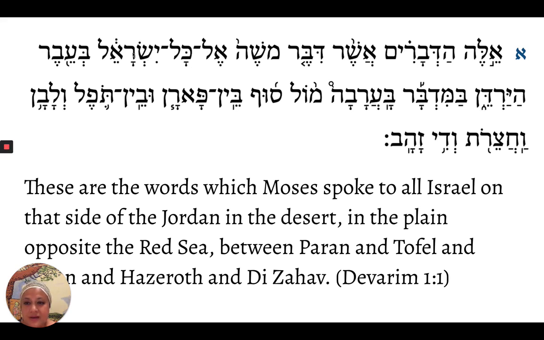And then we have a resh here with a kamatz. This kamatz is a. So it says ra, yisra. And then we have an aleph with its tzere, which says e. And then a lamed. So together this will say el. Yisrael. Now in certain Hebrew dialects, they will also preserve the kamatz sound for here.